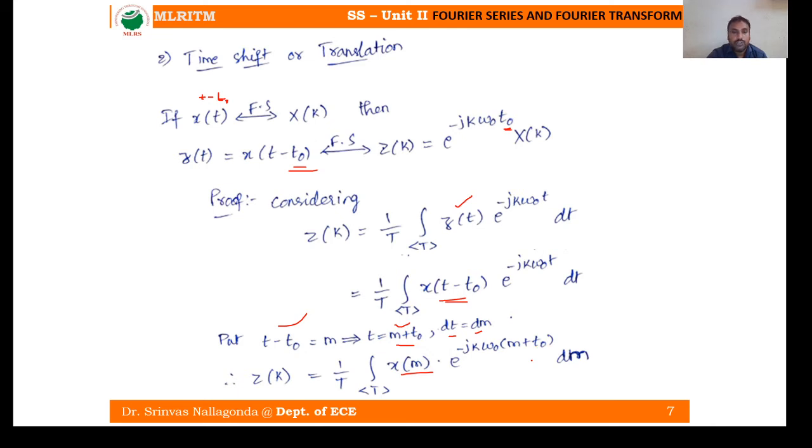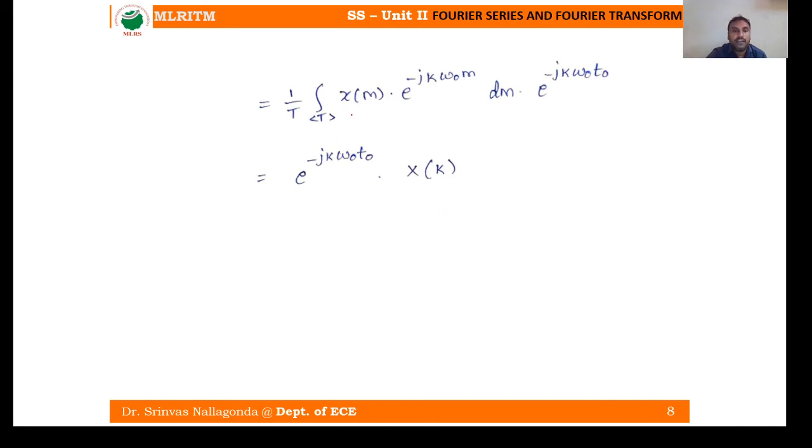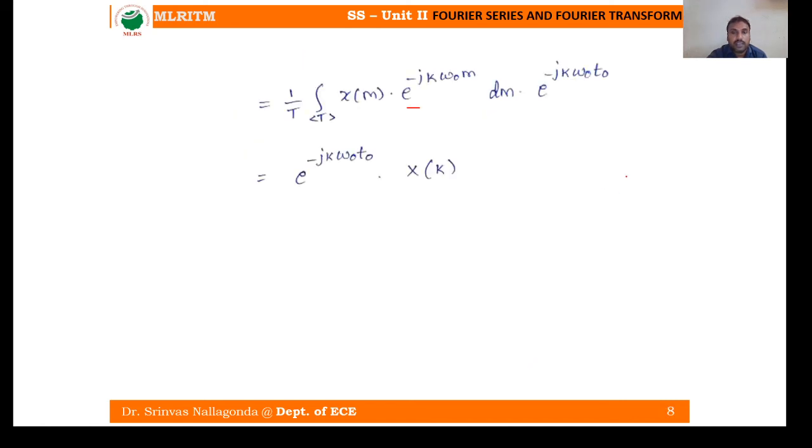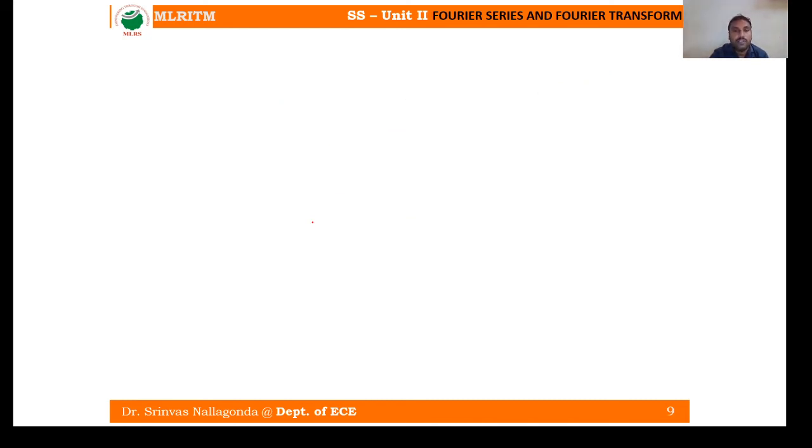Now we'll take one more step: 1 by T integral over T of x of m. This is a sum, m plus t naught, so one term is the m term exponential, and the other term is e power minus jk omega naught into t naught. So this part is x of k, and the remaining is e power minus jk omega naught t naught. So this is the time shifting property of the Fourier series.